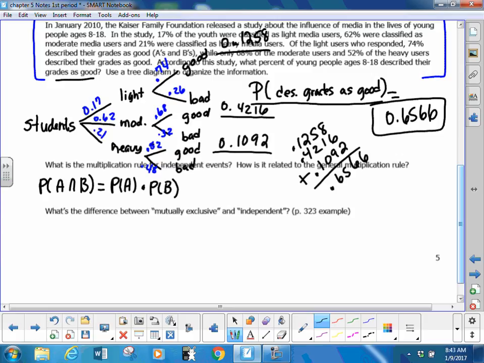What is the difference between mutually exclusive and independent? You're going to need to think about mutually exclusive when you're looking at the "or." That's when you have to think about whether it's mutually exclusive, and it means they simply can't happen together.